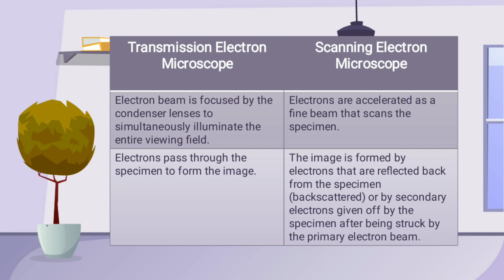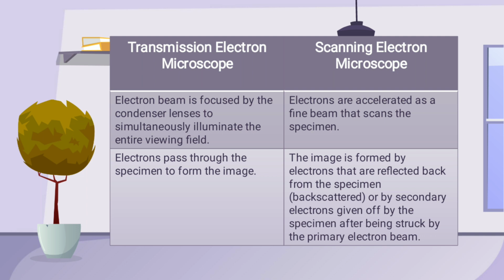Now, for transmission electron microscope, the electron beam is focused by the condenser lenses to simultaneously illuminate the entire viewing field. For SEM, on the other note, electrons are accelerated as a fine beam that scans the specimen.